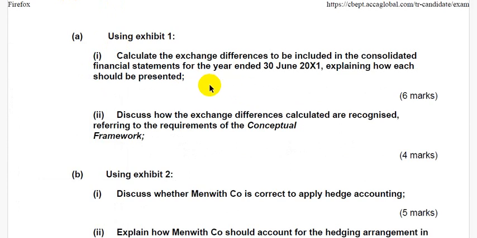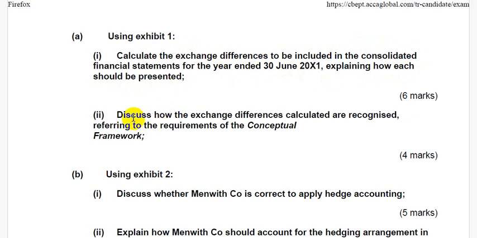So let's go and read task 1. Task 1 says using exhibit 1, calculate the exchange differences to be included in the consolidated financial statements for the year ended 30 June 2021, explaining how each should be presented.